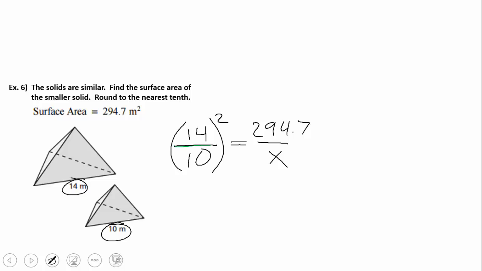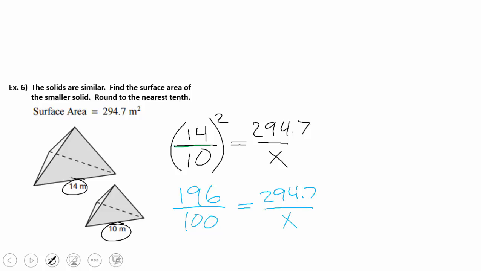So let's do this. 14 squared. Anybody want to know what 14 squared is? Well, using your calculator, remember I showed you how to do that? You go 14 squared, and that is 196. And then 10 squared, once again, is, that's right, it is 100.